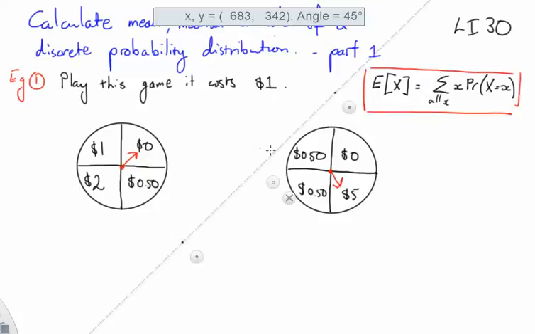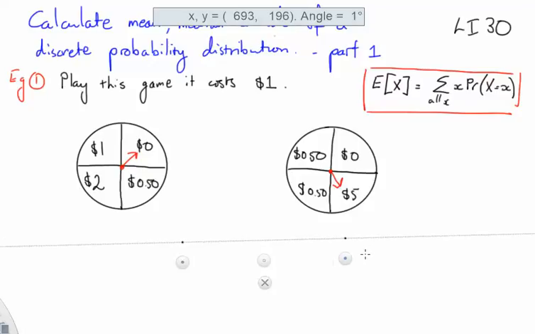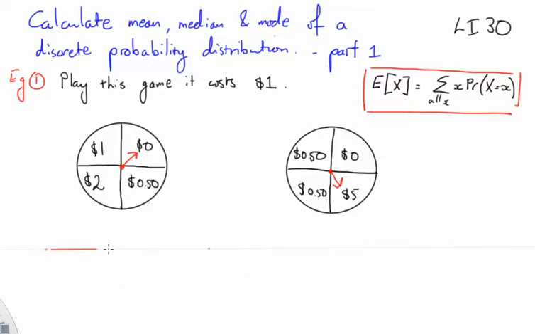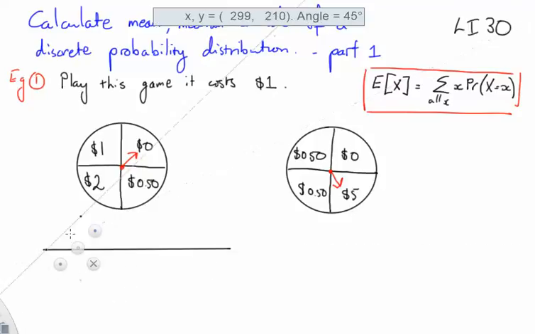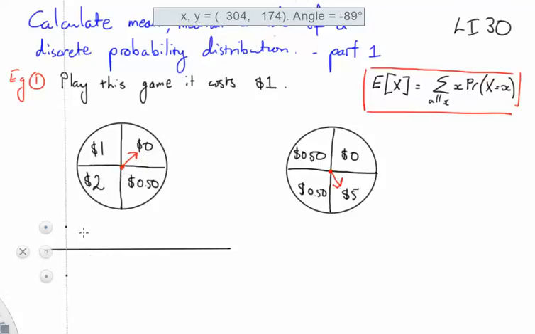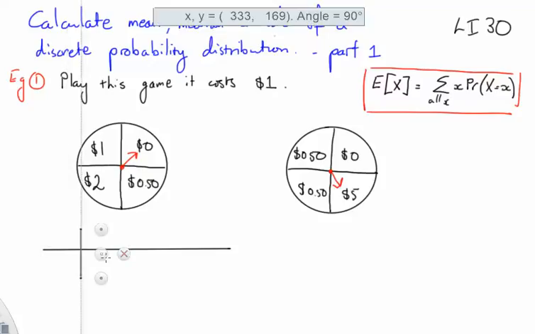So let's do the discrete probability distribution for this example. Let's roll this up. Let's have a look. I'm going to be really formal here, because I don't want you to lose marks for not defining things properly.